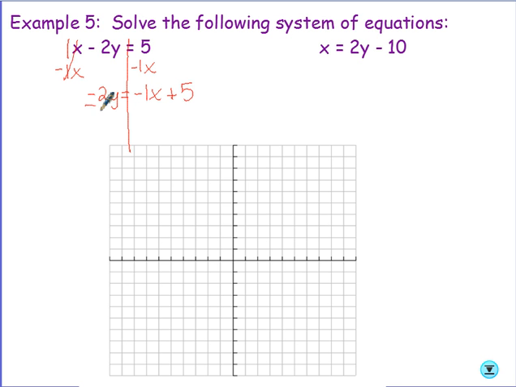I am going to divide by negative 2 everywhere. That leaves me with y equals a negative 1 divided by a negative 2 is a decimal, but when you hit math enter, you end up with a positive 1/2 x, and 5 divided by negative 2 is negative 2.5.